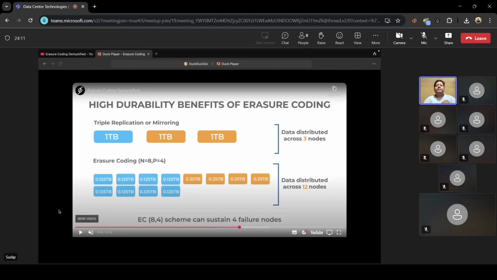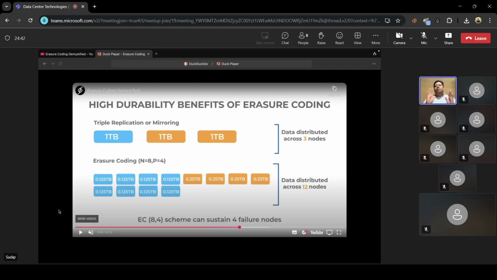Hence, depending upon your need, especially when storage systems are getting larger and larger in terms of the number of hard disks, you can change the erasure coding scheme on the fly. You don't need to wipe out existing data, and you don't need to do any backup and recovery. All that is not required.